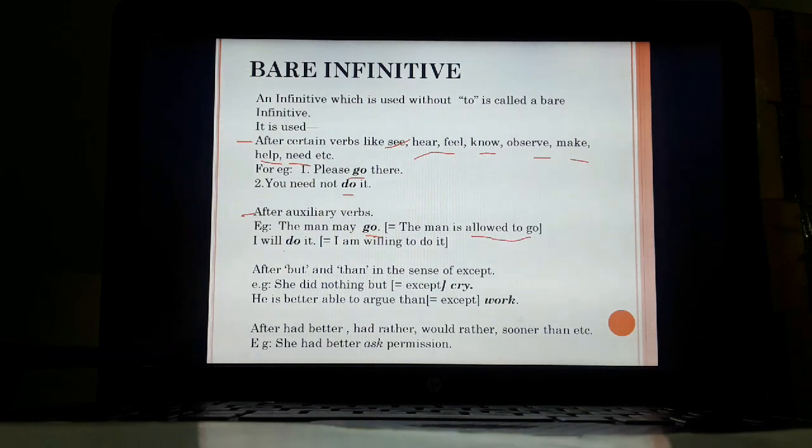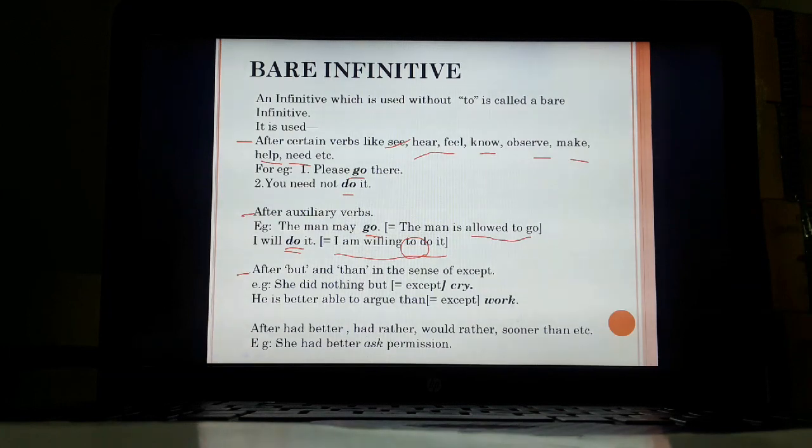Next, I will do it. The word do is again a bare infinitive. We could have said this sentence the other way around as I am willing to do it. If to had been used, then it would have been a full infinitive. But since before do, to has not been used, it is a bare infinitive.